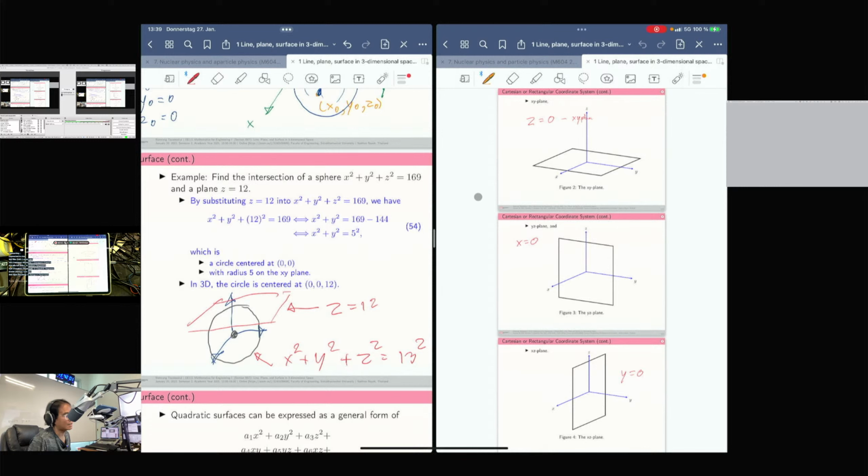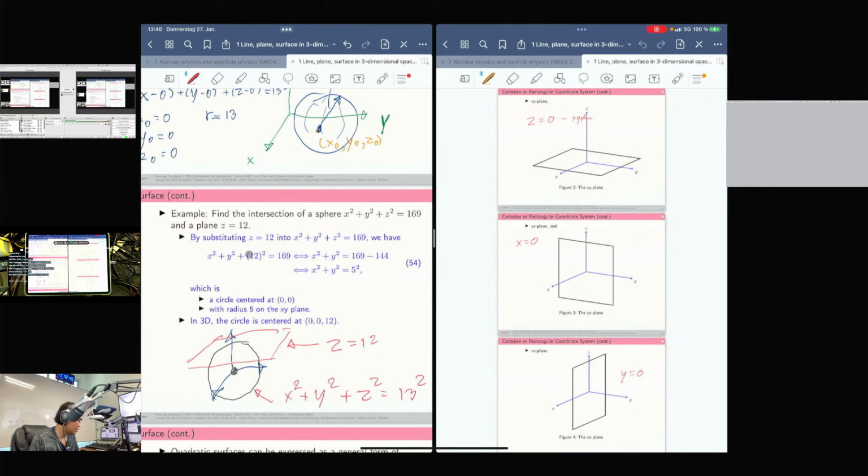Once you substitute 12 here, it's going to be 12 squared. Then you find the difference between 169 and 144, and that's equal to 25, right?